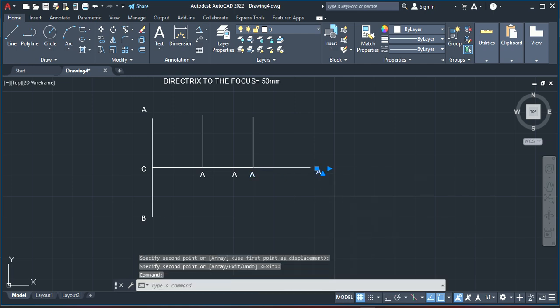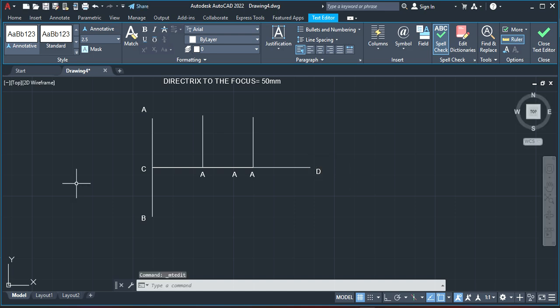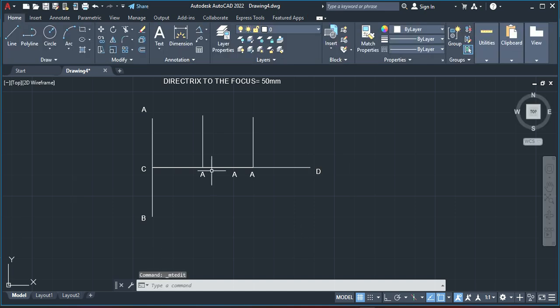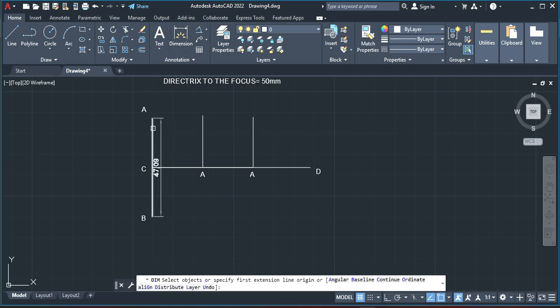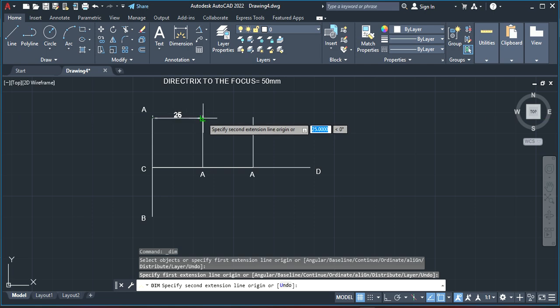Now once again edit D. Here it is 25, and in total the distance is 50.